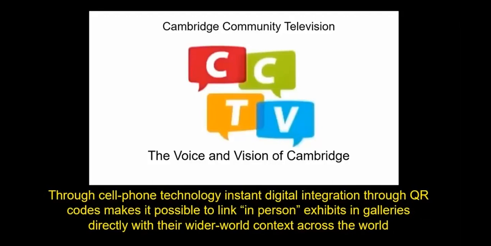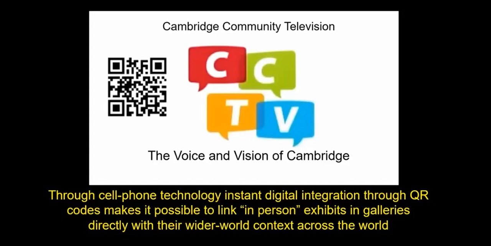As every high school and college student knows, cell phone technology and instant digital integration through QR codes makes it possible to link in-person exhibits in galleries directly with their wider world across the whole planet.